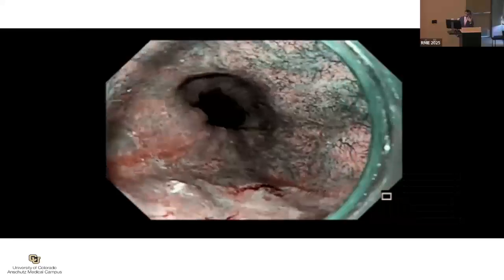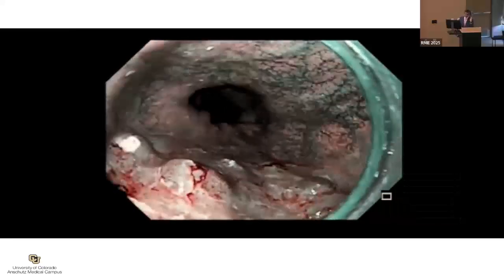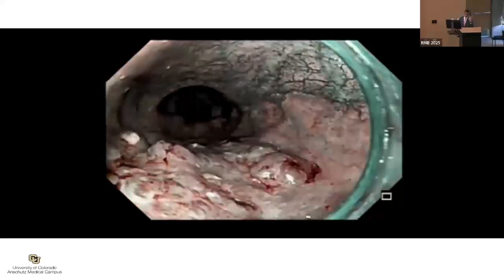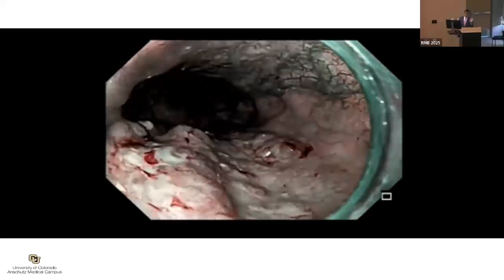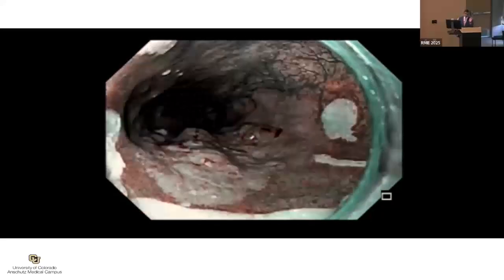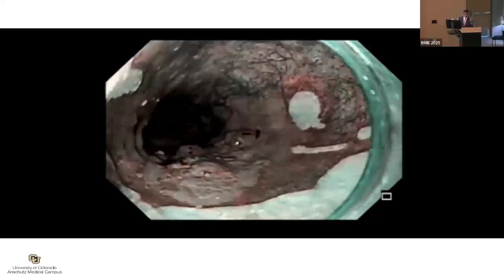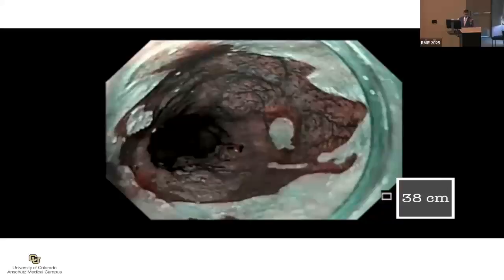You saw the images on high-definition white light endoscopy, and there is clearly a visible lesion in the proximal portion of the Barrett's esophagus. You should be using standardized classification systems such as the Prague classification system describing the circumferential and the maximal extent of the Barrett segment, and use the Paris classification for any visible lesion.